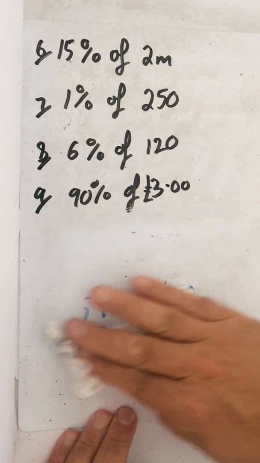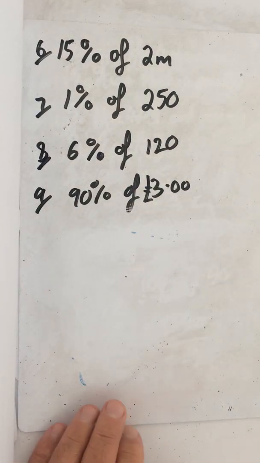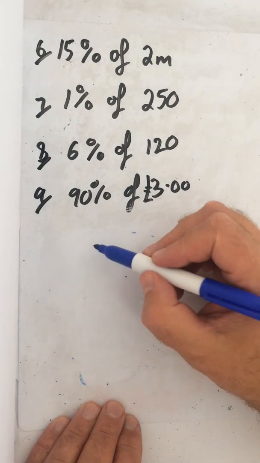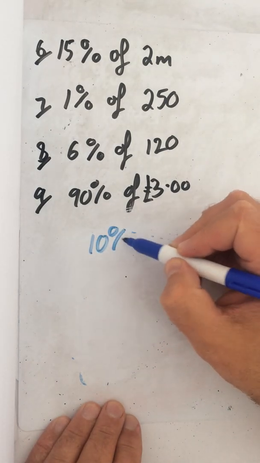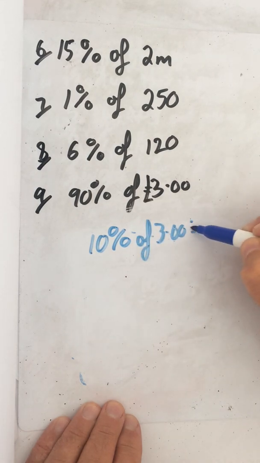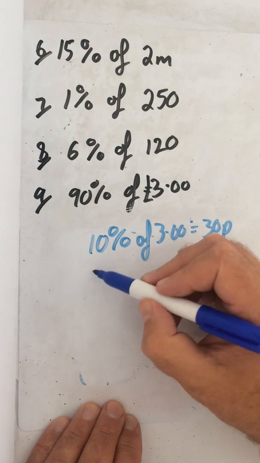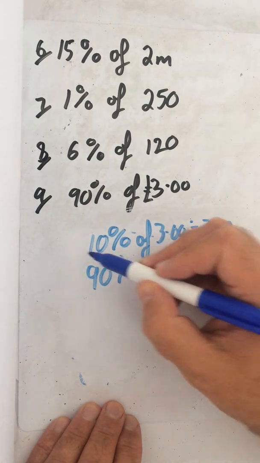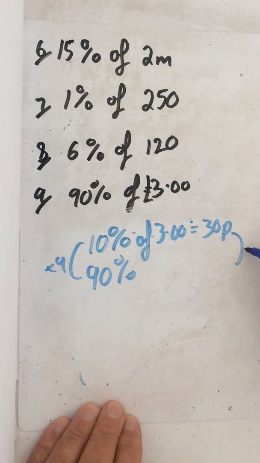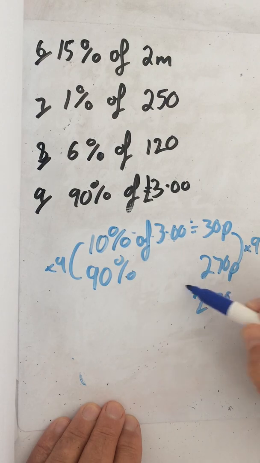Right, on this last one, there are 2 ways of doing it. We could find 10% of £3, which is 30 pence. And then I want to find 90%, so I can times that by 9. So I'm timesing 30 by 9, which will give me 270 pence, which is £2.70.